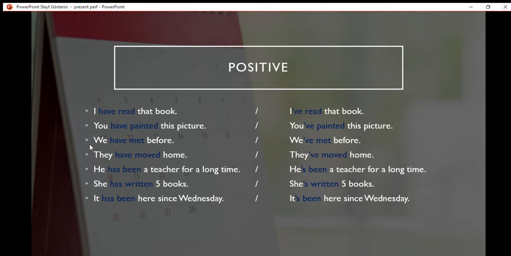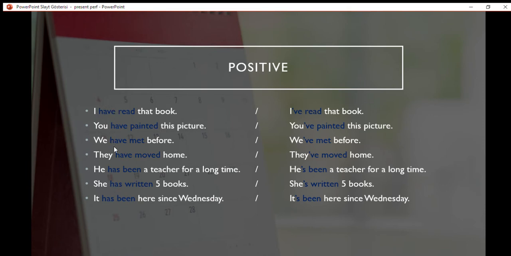And I want you to be careful. We use have, has, and the third form of the word. Read, read, paint, painted, meet, met, move, moved, am is are, was, were, been, write, wrote, written, am is are, was, were, been.